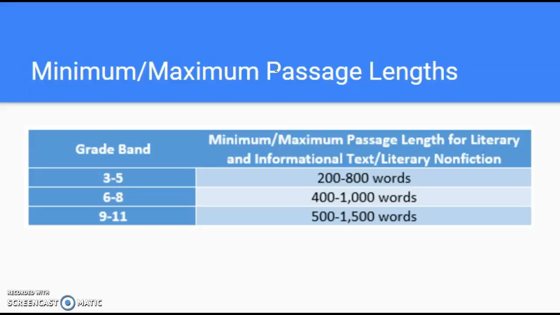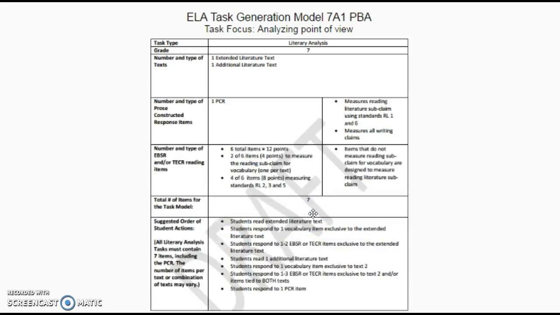A text that is closer to the high end of the word count range for a listed grade band is considered an extended text. A text that is closer to the low end of a grade band is considered a short text. Okay, let's return to the 7th grade literary analysis task generation model. We know that students will be asked to read 2 texts.